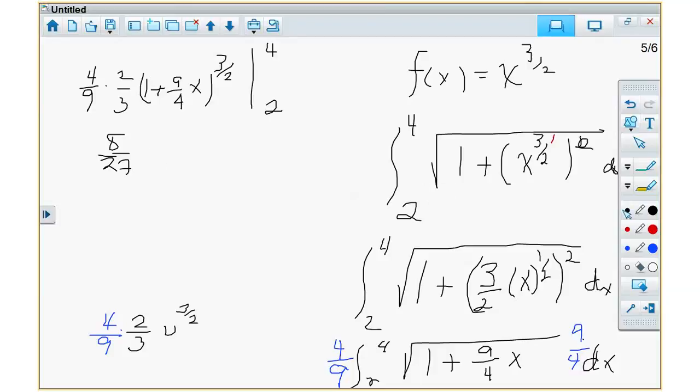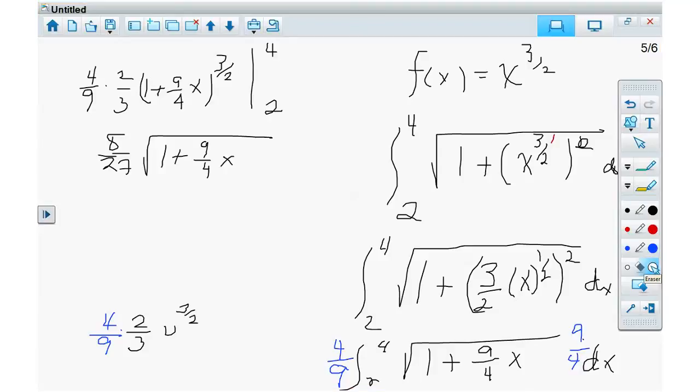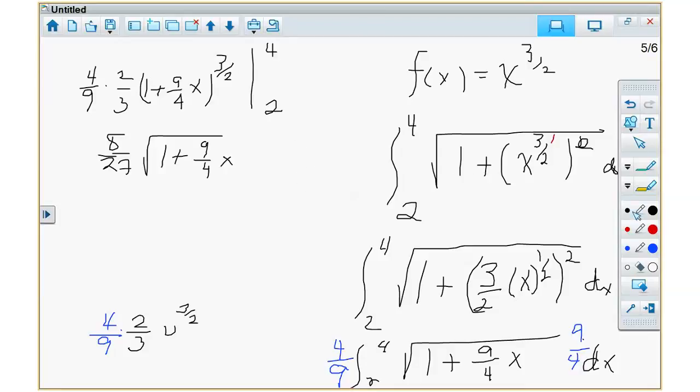Y'all check me. Be the square root of 1 plus 9/4 x to the third power, evaluated at 4 and 2.